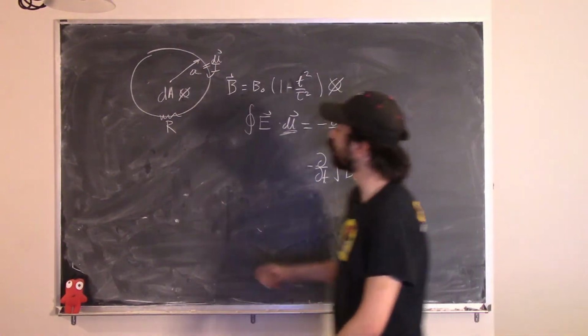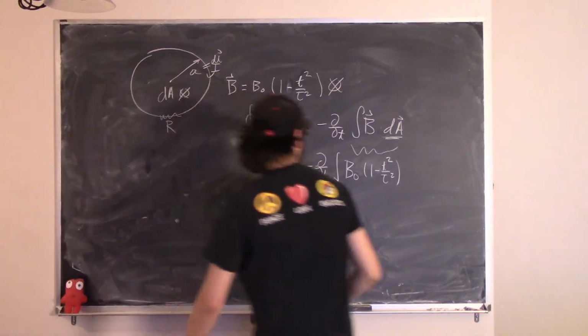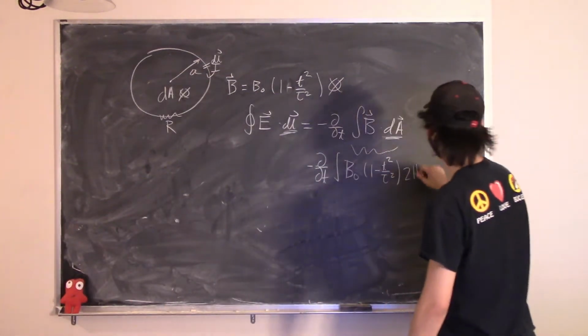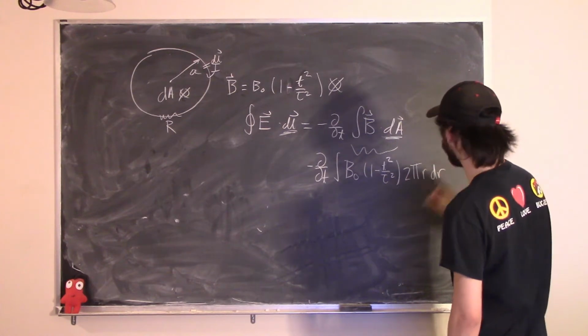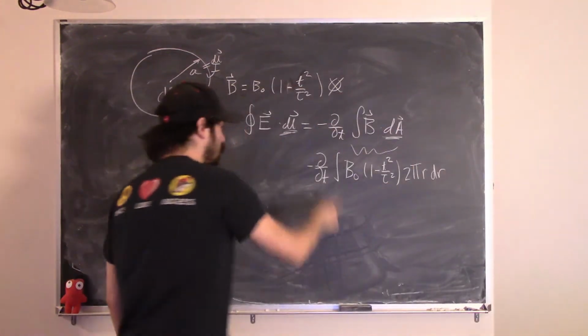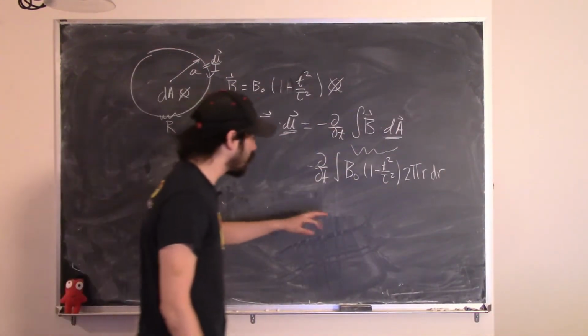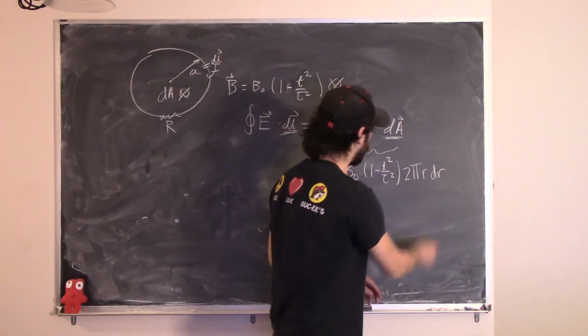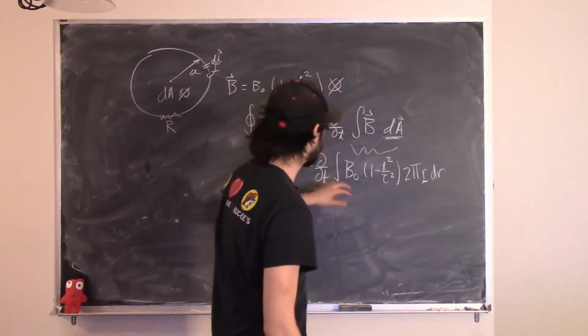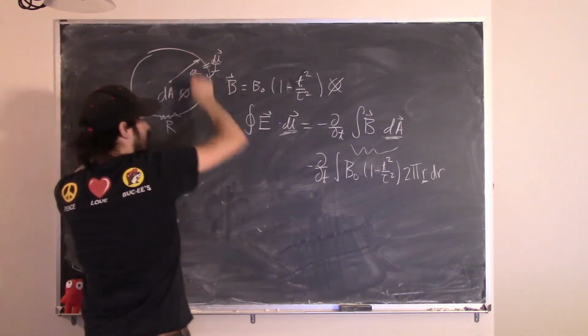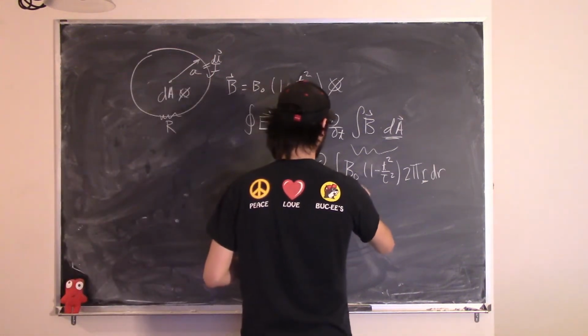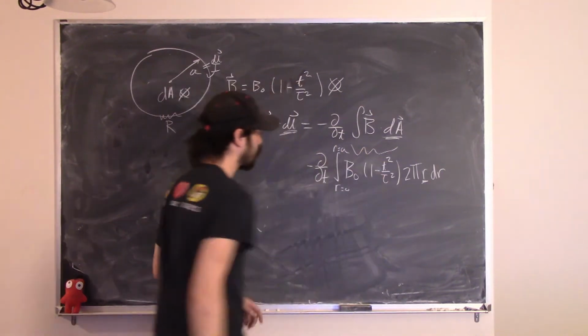So because this is a circular loop, dA is going to be 2 pi r dr. Okay. So now we want to evaluate this integral, integrating over r. And the limits of integration are going to begin at 0 and go up to a. So this is r is equal to 0 to r is equal to a.